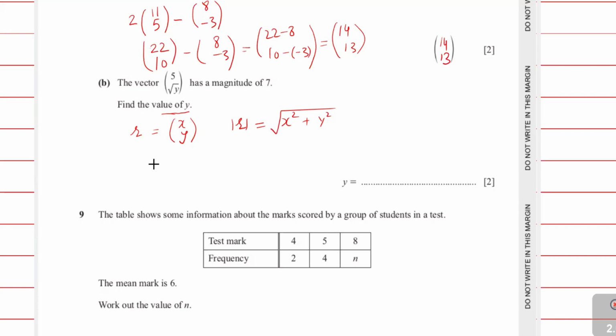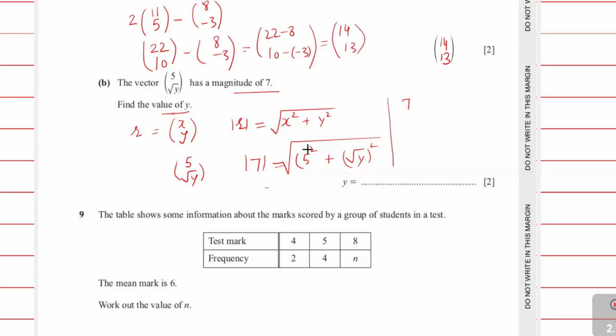According to this, we can write the magnitude of 5, square root y would be equal to the square root of 5 squared plus square root y squared, and the magnitude here is 7, and this value will be equal to 7.